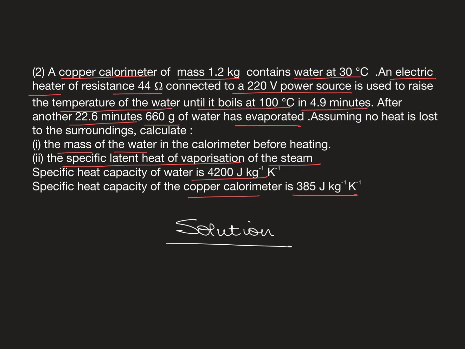As the heating continues for another 22.6 minutes, 660 grams of water has evaporated. We want to know the mass of the water before heating and the specific latent heat of vaporization of the steam. I will begin by drawing the heating curve to explain this problem better.